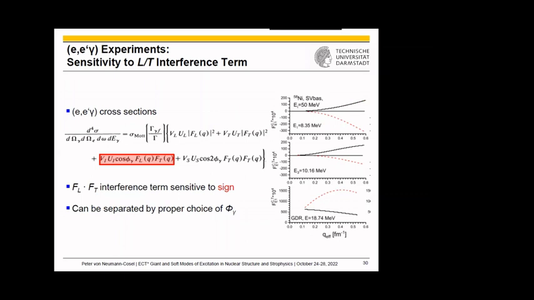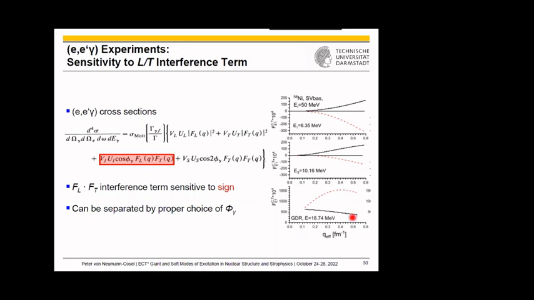These are cases, at least in the momentum transfer range that we are looking at typically in these experiments, where it's always the case: different sign, longitudinal and transverse part. If you look, for example, at the GDR type excitation, then they have the same sign. So this sign of the longitudinal versus transverse form factors is actually another signature maybe for the toroidal mode. And that's something you can measure with (e,e'γ).